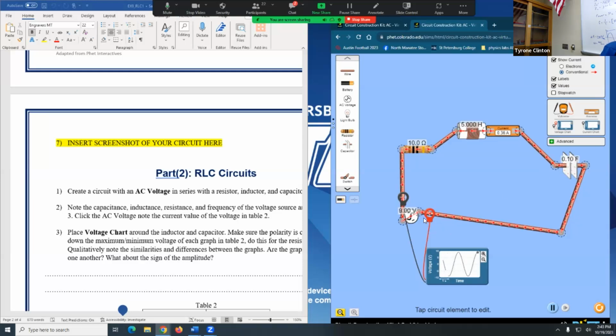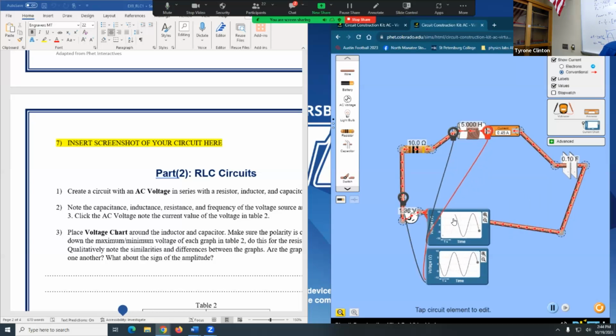I'm just doing it right now on the AC source, and you can kind of see how this is changing between -10 and 10 volts. You can grab another piece or another meter to show what's going on. This is another voltage meter. Just needs to touch somehow.